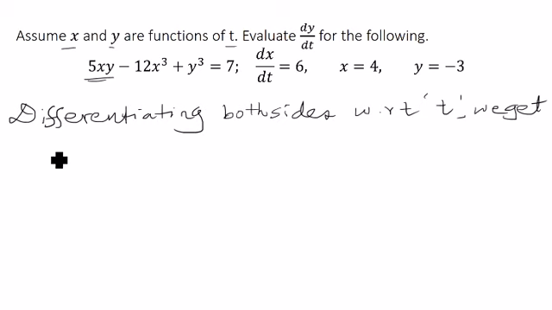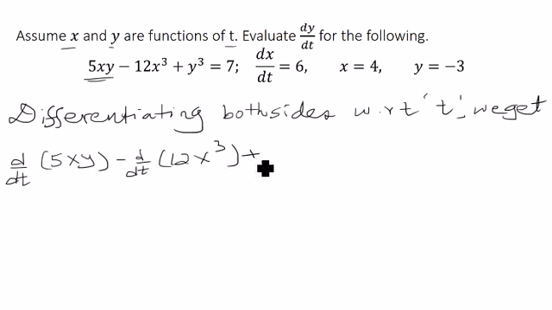Now 5 is a constant, so it will stay back. So d/dt of 5xy, let's just put d/dt in front of everything, minus d/dt of 12x cubed plus d/dt of y cubed equals d/dt of 7.